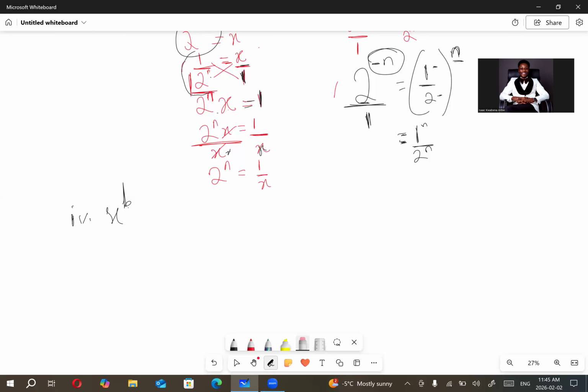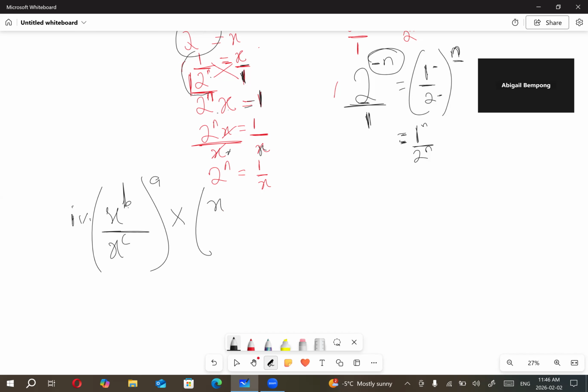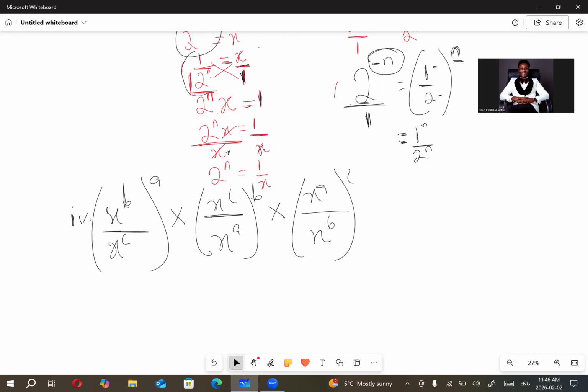So, over x exponent c, brackets, all exponent a. Then x exponent c over x exponent a, brackets close, all exponent b, times x exponent a over x exponent b, exponent c, brackets close.